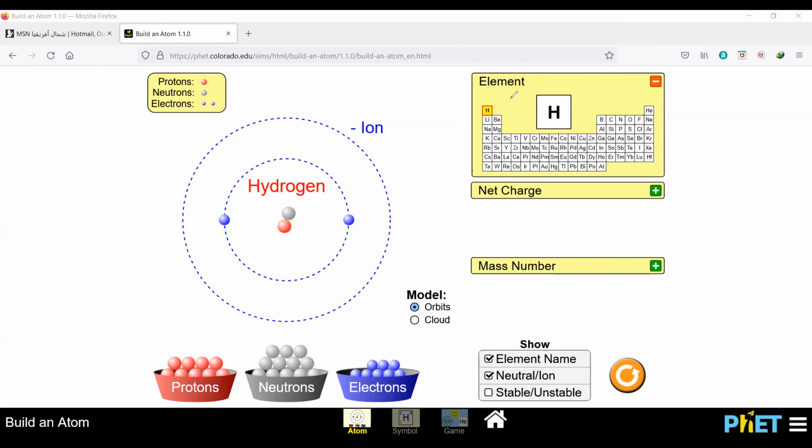So again, any nucleus consists of protons and neutrons, and there are some electrons that revolve around the nucleus at very high speed.